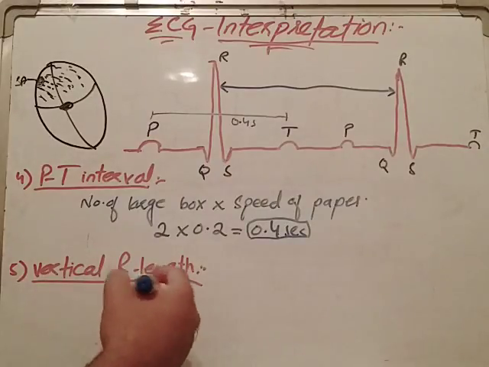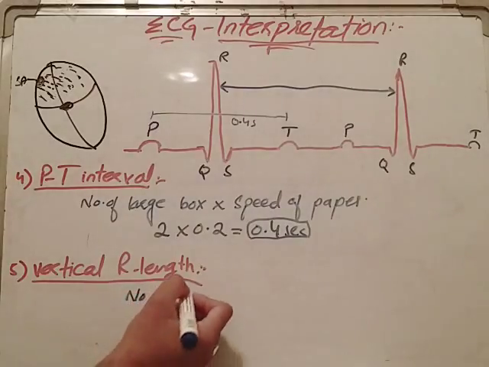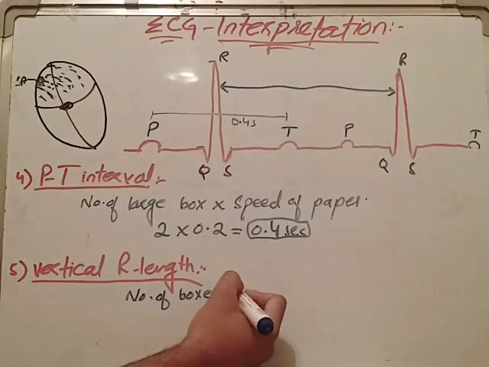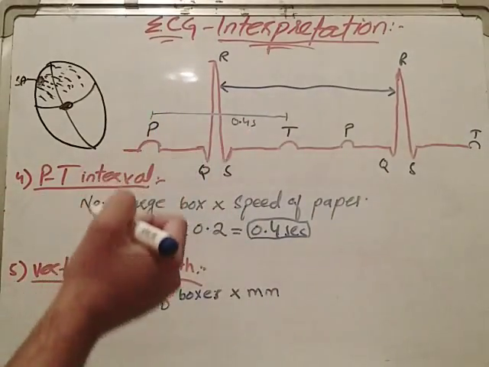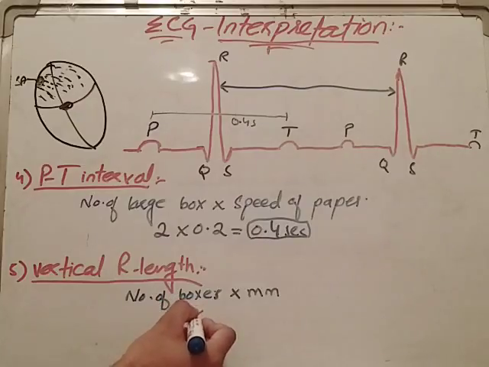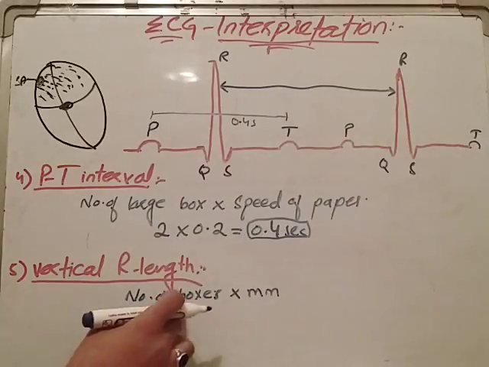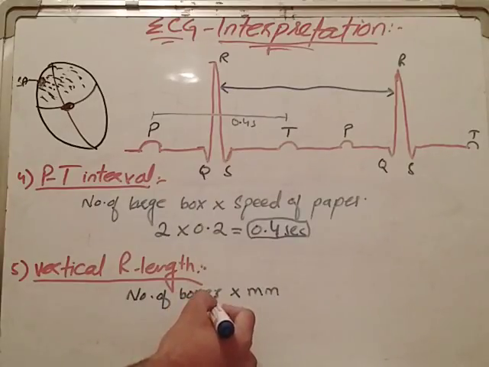So it would be the number of boxes multiplied by millimeter. For example, we have from here to here 15 boxes, and one box is equal to 1 millimeter.